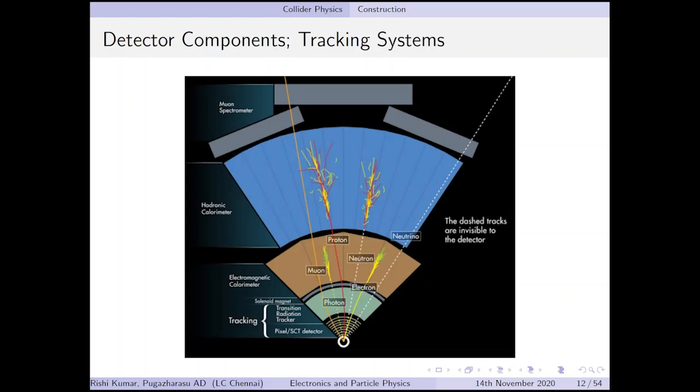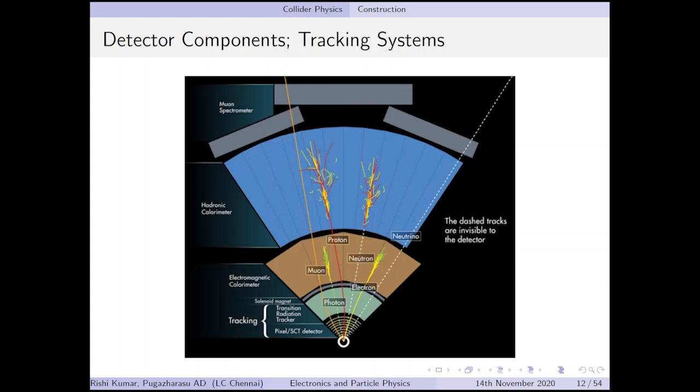Immediately outside the region of the collision point and the proton beams is the tracking system. The tracking system consists of millions of individual channels that respond when a charged particle hits them. These channels consist of silicon or gas that ionizes when a high energy charged particle passes through.